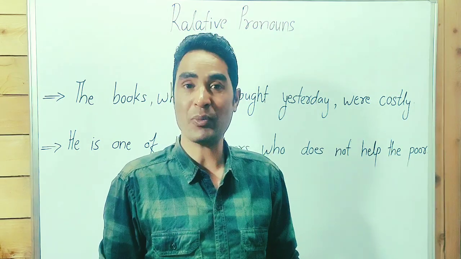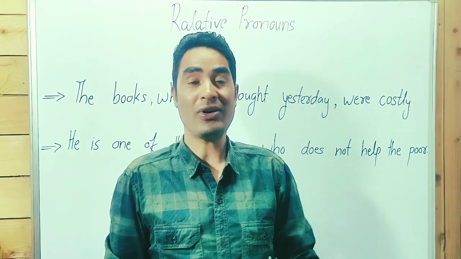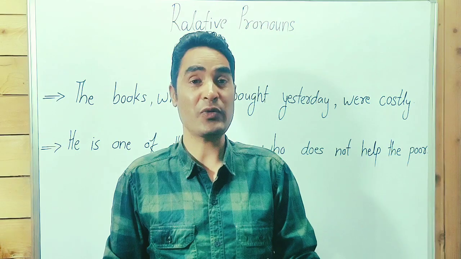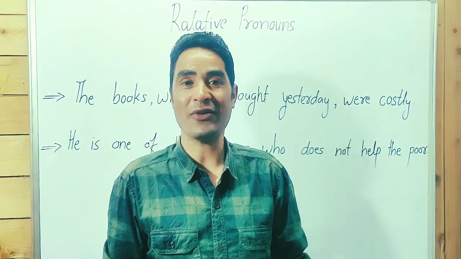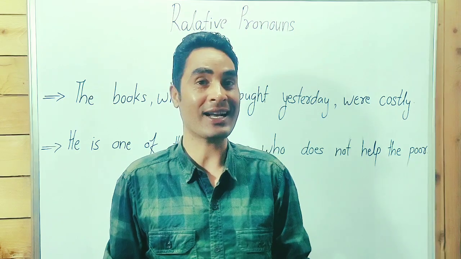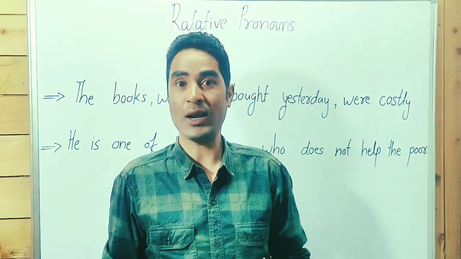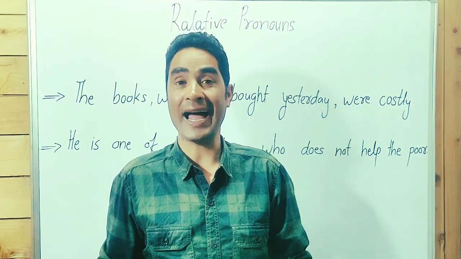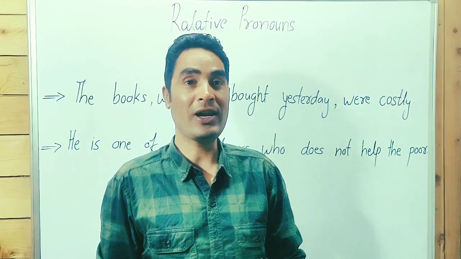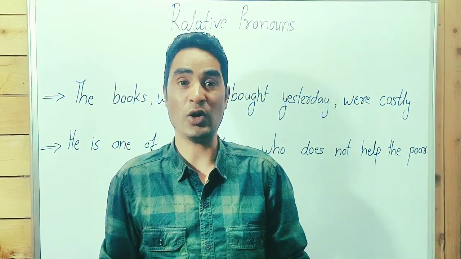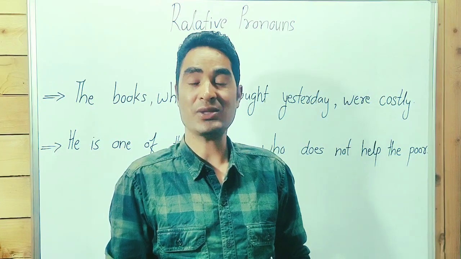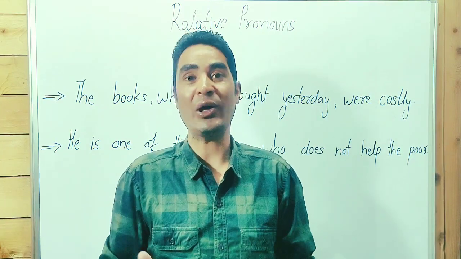When we talk about pronoun, in the very first video of pronoun, we learned about introduction and types of pronoun: what is a pronoun and how many types of pronouns there are in English. In the second, third and fourth videos, we learned about person, subjective case, objective case, possessive case, and first person, second person, third person, singular and plural.